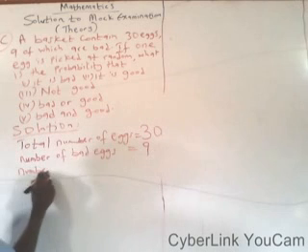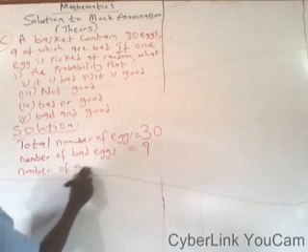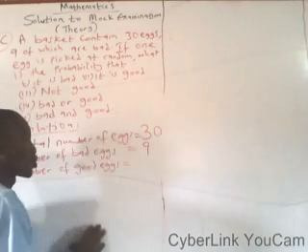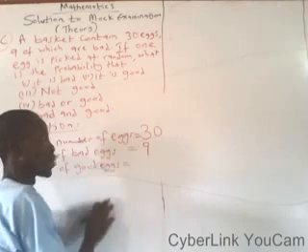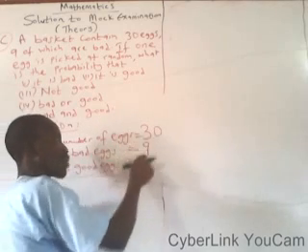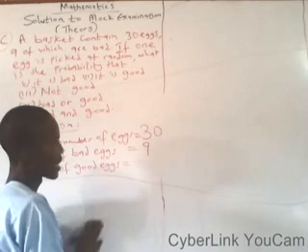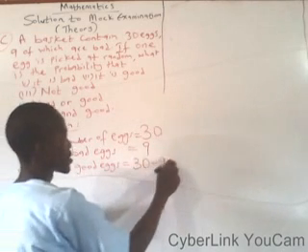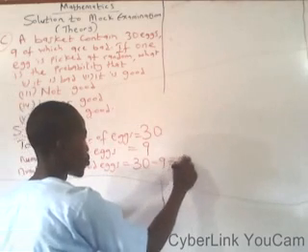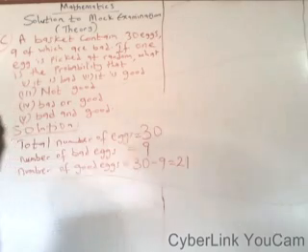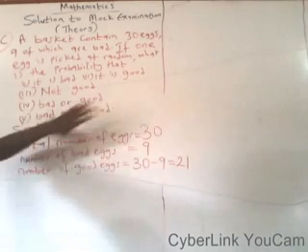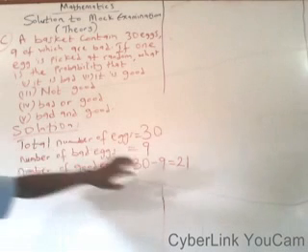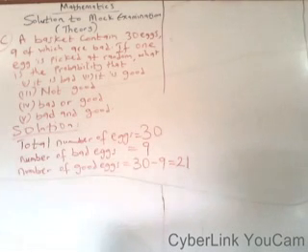Number of good eggs, how do we determine it? We already know that 9 out of 30 are bad. In that case, that is 30 minus 9, which is equal to 21. That means out of 30 eggs, 9 are bad and 21 are good.